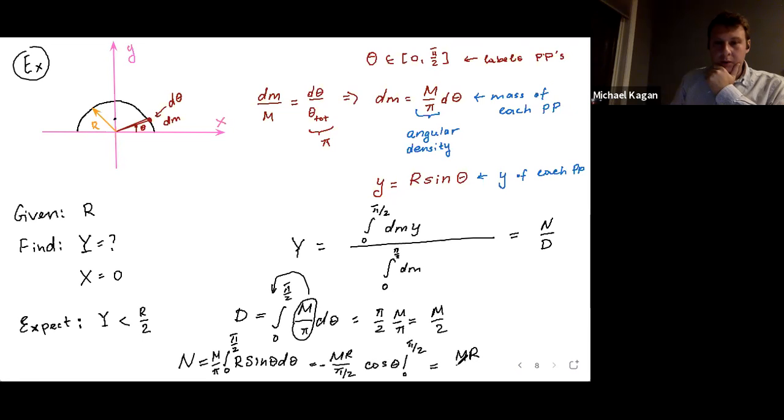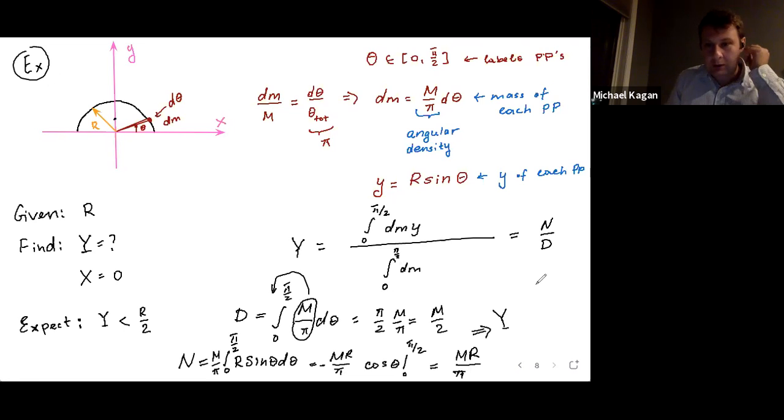So we get m r over pi over 2. Wait, why did I put pi over 2 in here? Did something silly. Just pi, and yeah, this is just pi. Okay, now let's put it together.